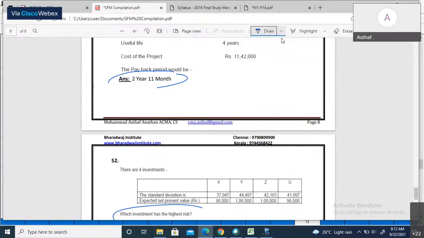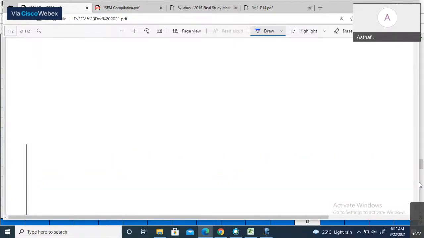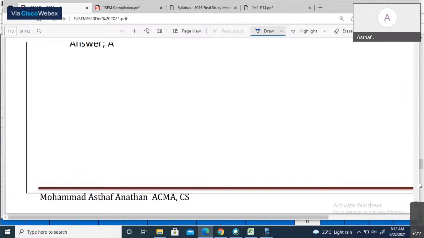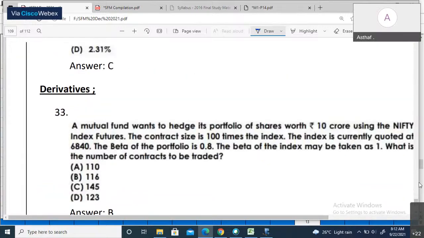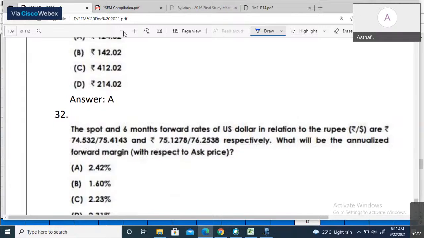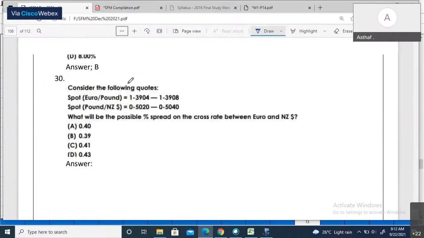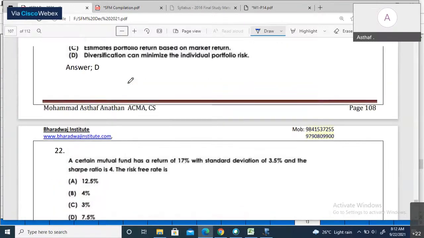And for your benefit, I will share one more bundle of answers. If you are already a Bharadwaj student, there is an MCQ bundle. This also I will share with you. Around 40 questions are there. I have added this in our regular class material. This MCQ also you have to practice. This is a topic-based MCQ.